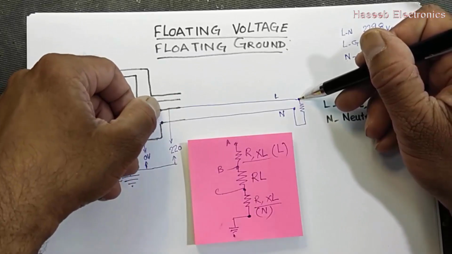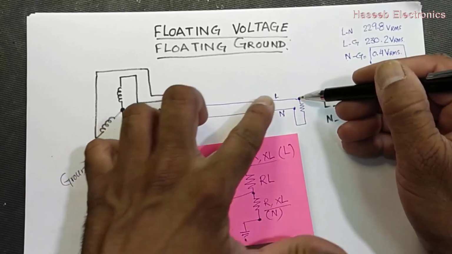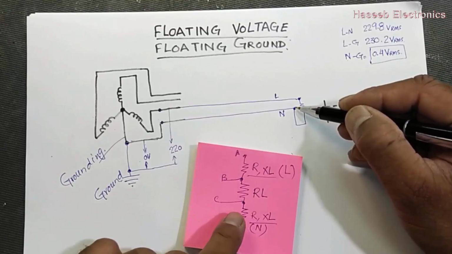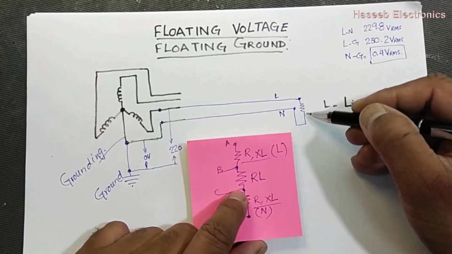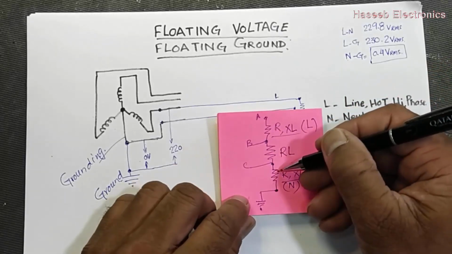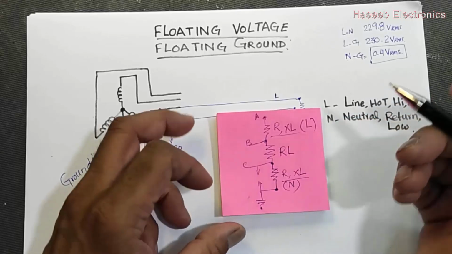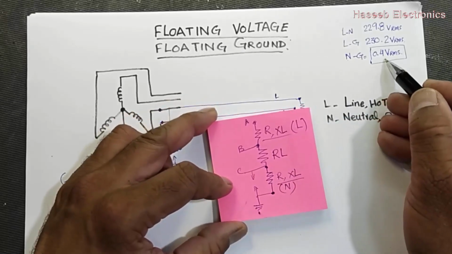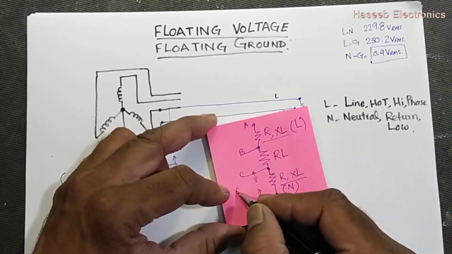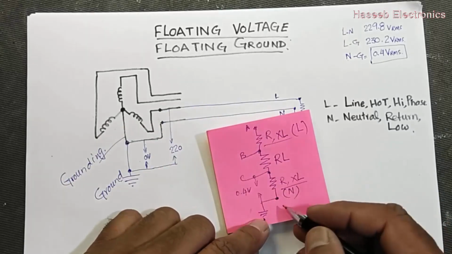We have this resistance, so these voltages are different and we will not consider it. Then we have another point, that is point C. After the load, in the return line, there will be a voltage drop from this point to this point, and we have this 0.4 volt RMS in my condition, 0.4 volts. Then we have points A, B, C, D.